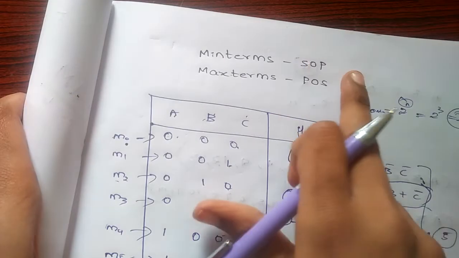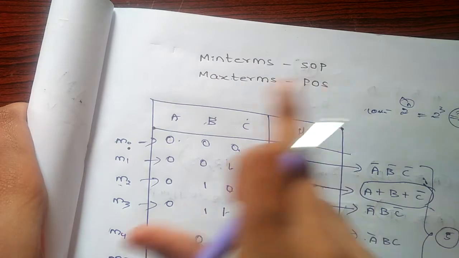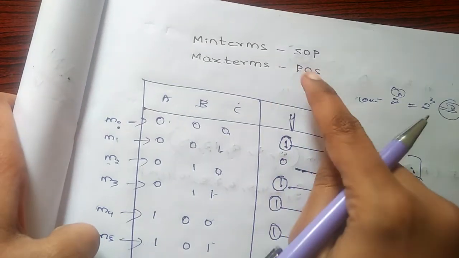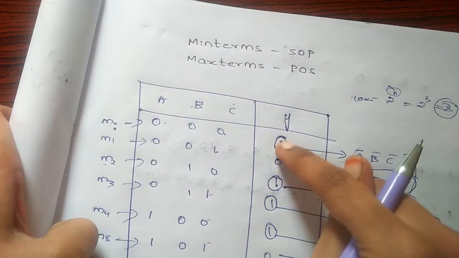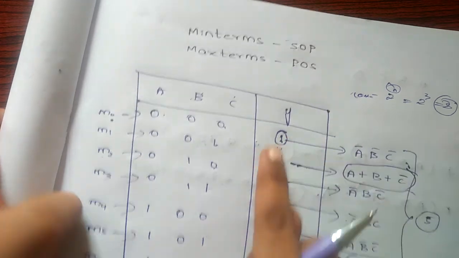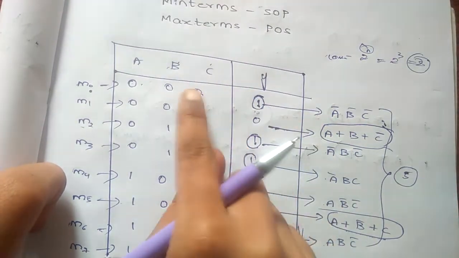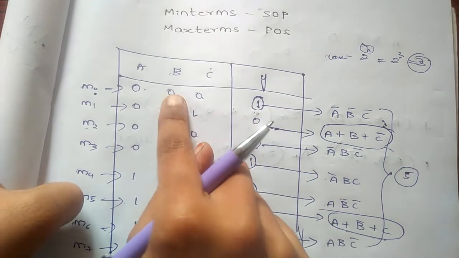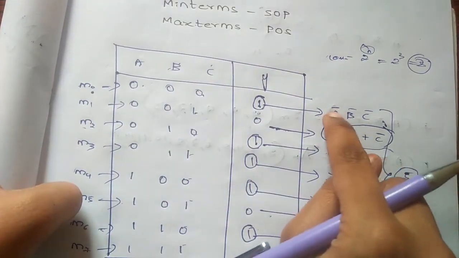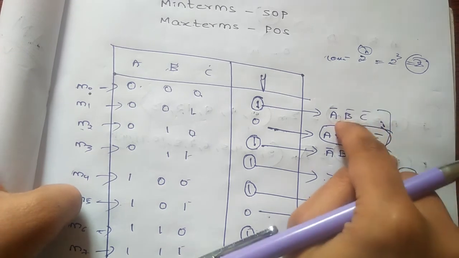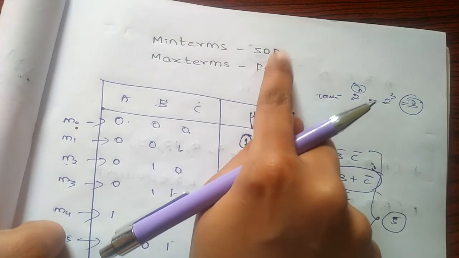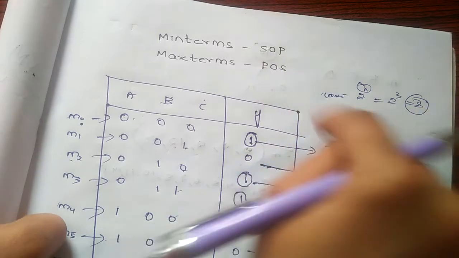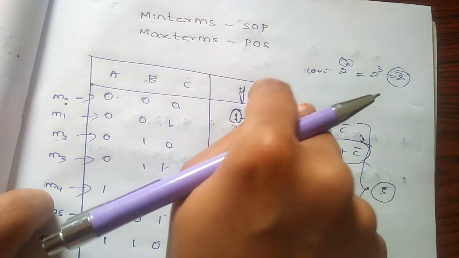Hope you understood this. So SOP, min term, POS, max terms. In min terms, we take the bar, means complement, at the inputs where the value is 1, since the complement of 1 is 0. We represent the whole equation in the sum of products.